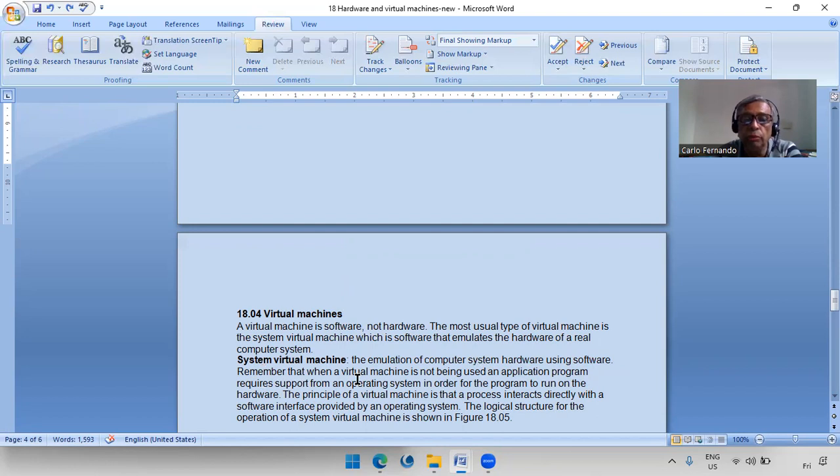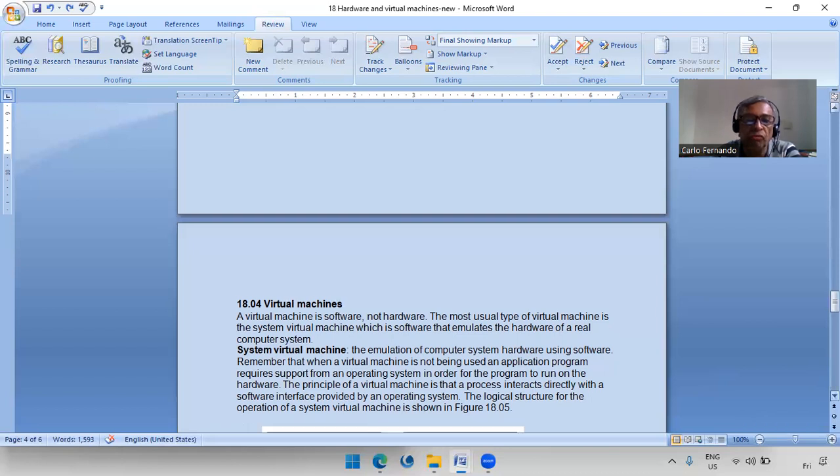Remember that when a virtual machine is not being used, an application program requires support from an operating system in order for the program to run on the hardware. The principle of a virtual machine is that a process interacts directly with a software interface provided by an operating system. So that's interesting to note, right?